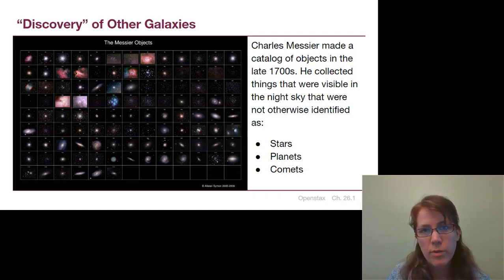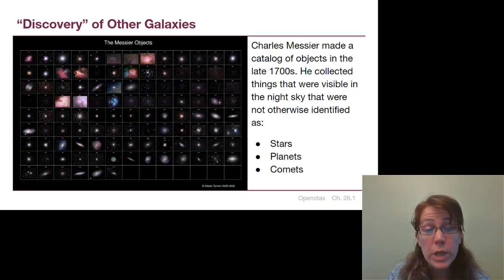And once you take out some of the things that we've talked about in previous chapters, so star clusters and nebulae, what you're left with are galaxies, right? We can even point out ourselves several of these that are very clearly galaxy-shaped.